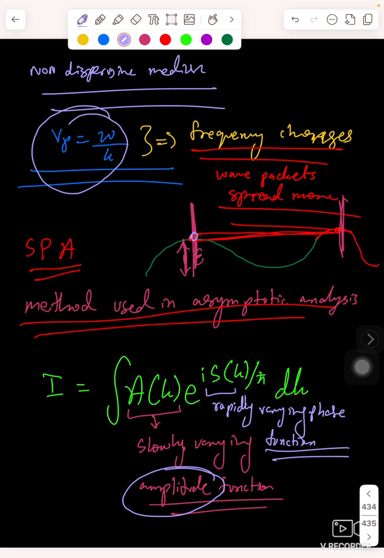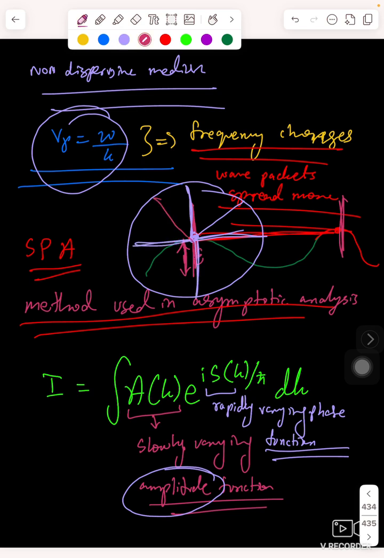Phase is about comparing the wave in terms of a circle's degrees. That's what phase is, in simple terms.